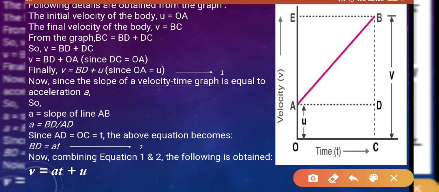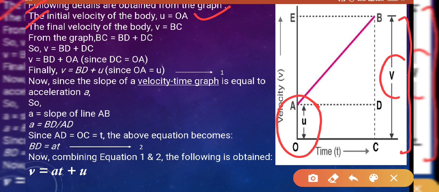Now, the following details are obtained from the graph. The initial velocity of the body, u, is equal to OA. This is our initial velocity. The final velocity of the body, v, is equal to BC. From the graph, BC can be written as BD plus DC.